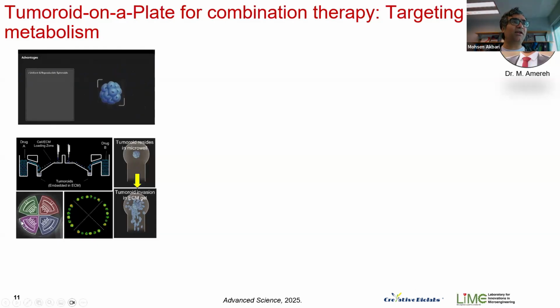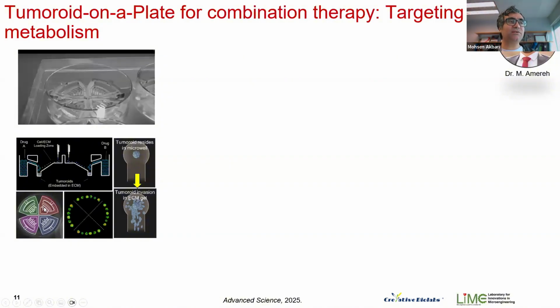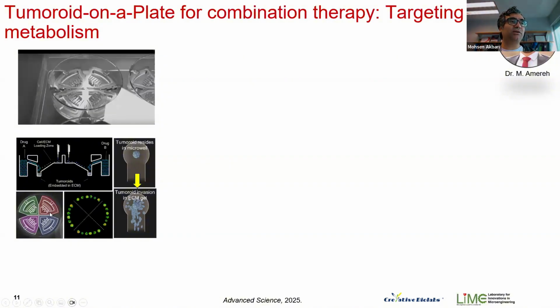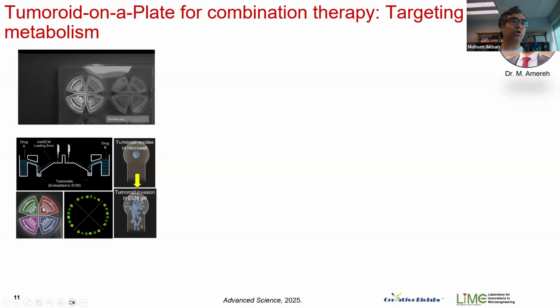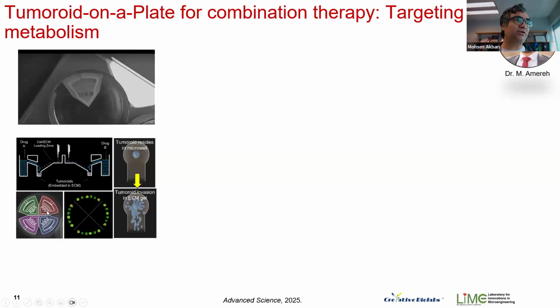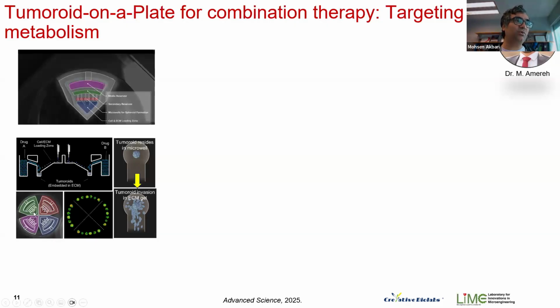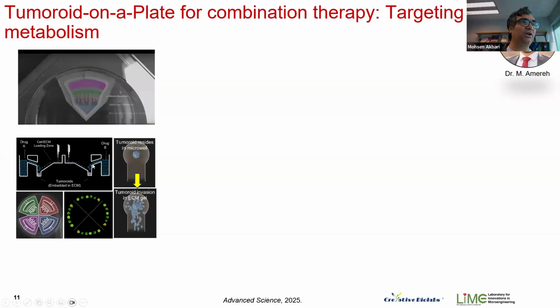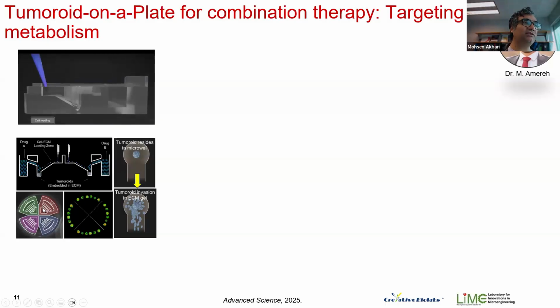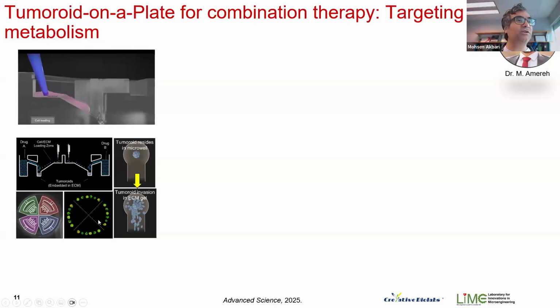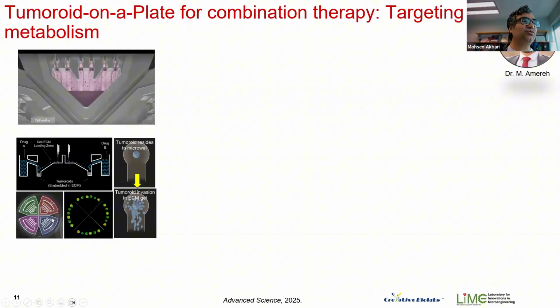The insert in this design has 4 compartments, and in each compartment we have 6 tumoroids connected to a media chamber in which you can inject therapeutics. These therapeutics will then diffuse into the tumoroid compartment via microchannels, side channels, to mimic the diffusion from blood vessels into the tumor.